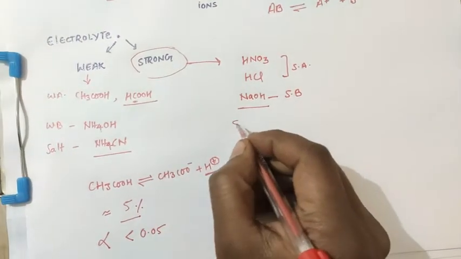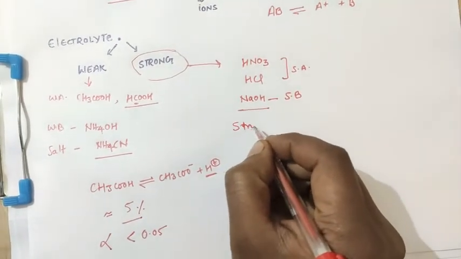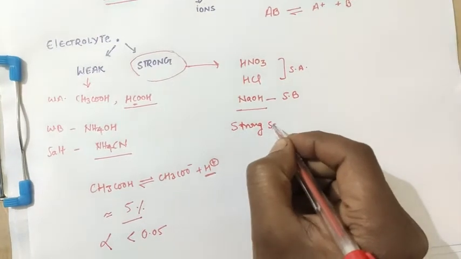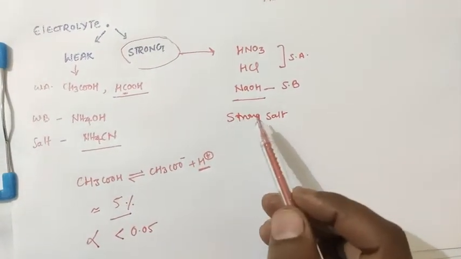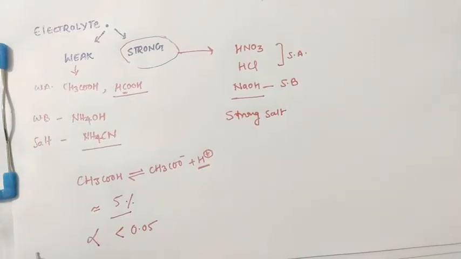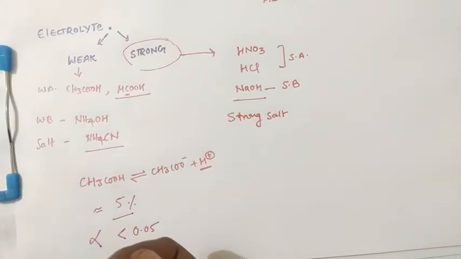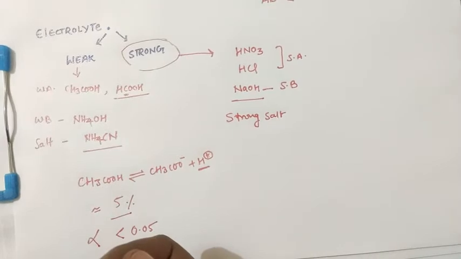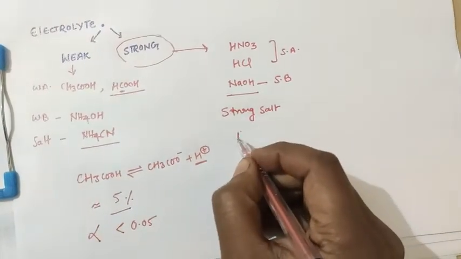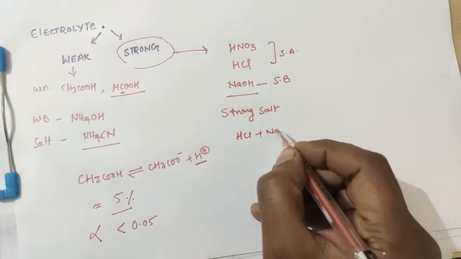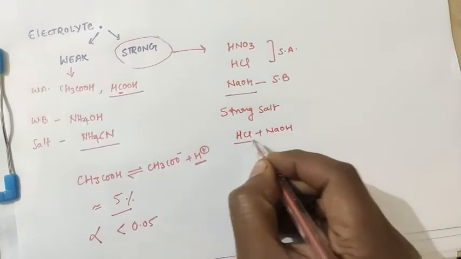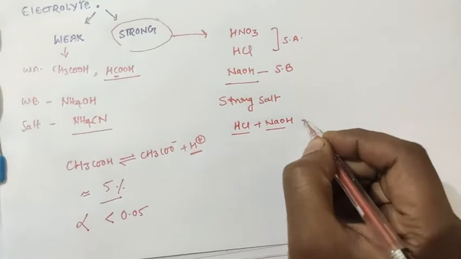And what are strong salts? Strong salt means an acid and base combine. If any one component is strong, it will definitely be a strong electrolyte. For example, consider the acid HCl plus the base NaOH. What will it form? A salt.